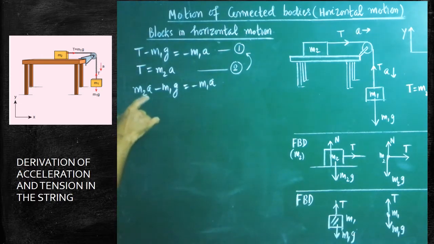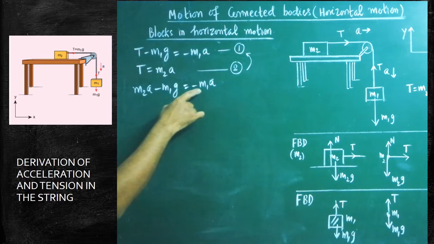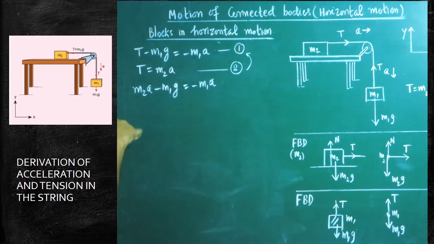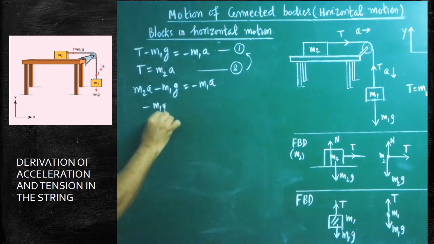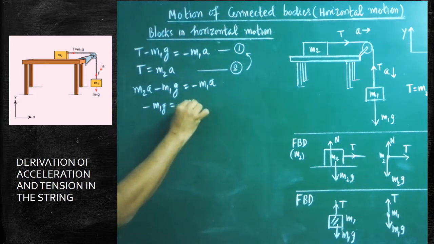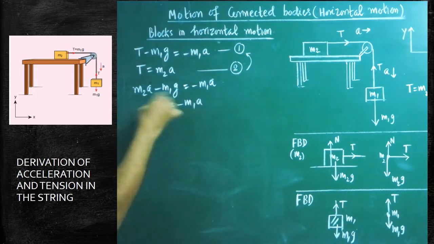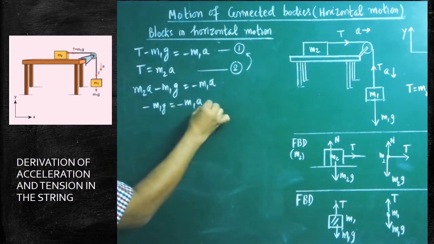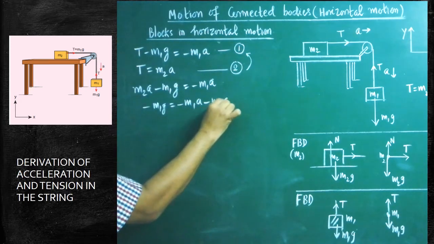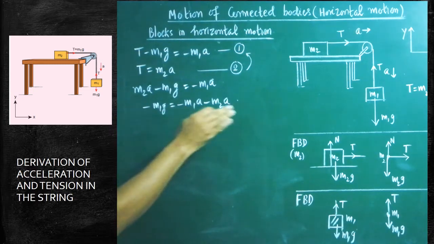Now what is required? Acceleration is required. So to get the acceleration, what do we have to do? Now these a factors must be written on one side. Minus m1g is equal to minus m1a, or we can write, bring this factor here, minus m2a. Change the sign completely.